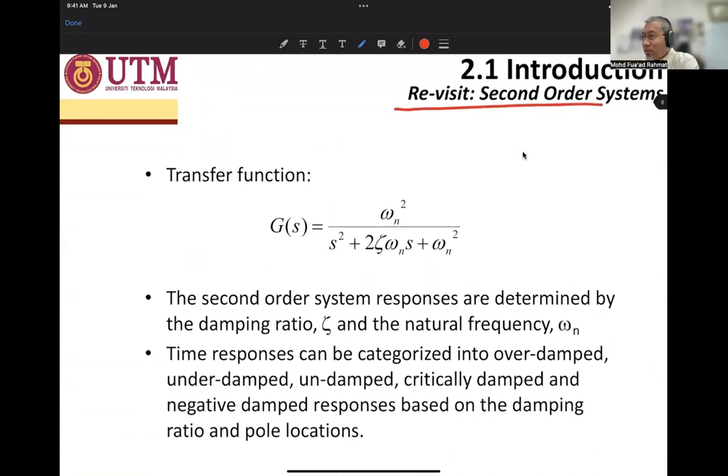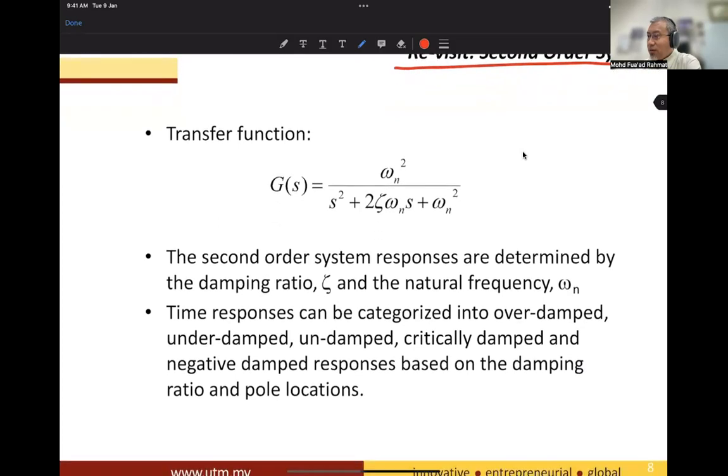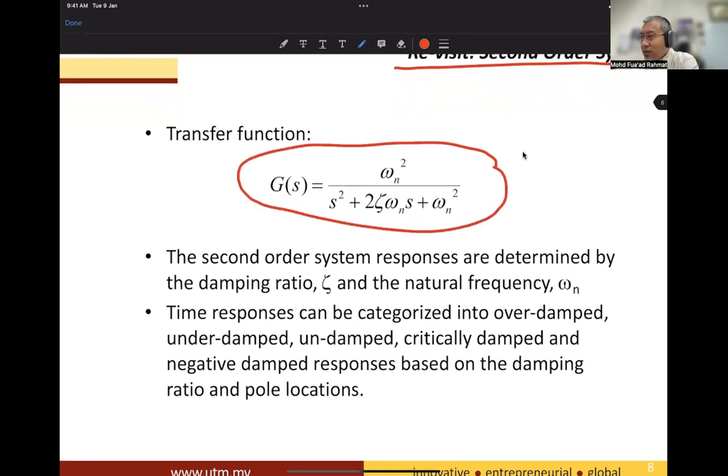So the second order system, which we also studied last semester, is represented by this transfer function. Omega n is the undamped natural frequency. Zeta is the damping ratio. Omega d is not listed here, but it is omega n times the square root of 1 minus zeta square.